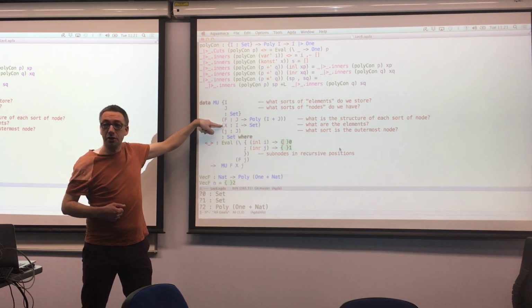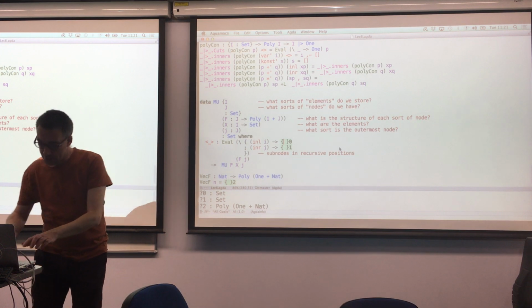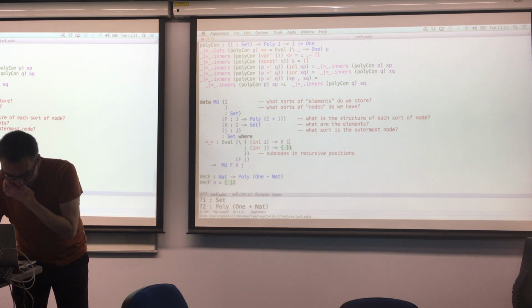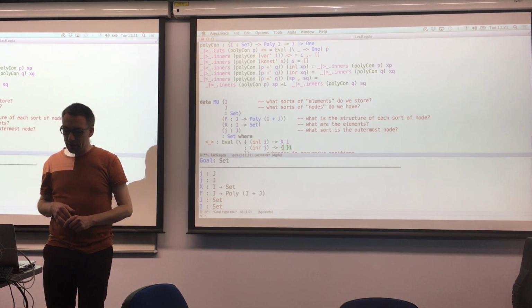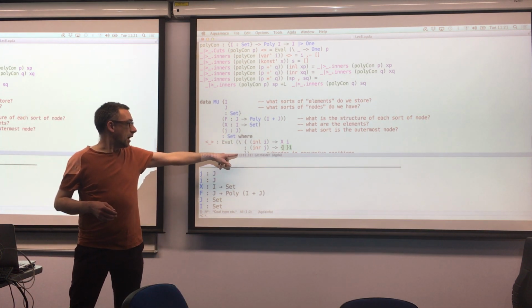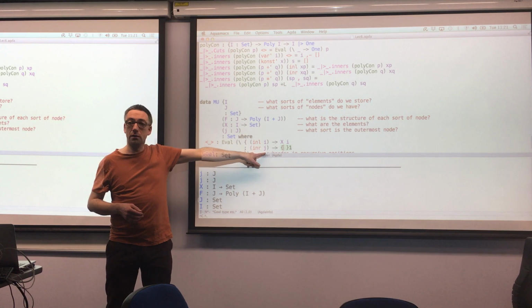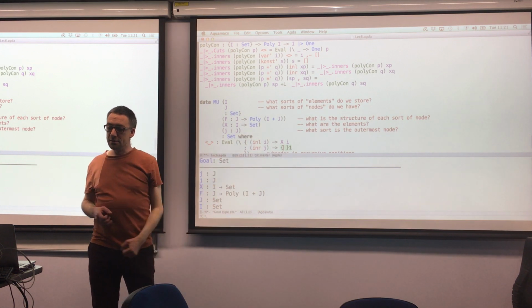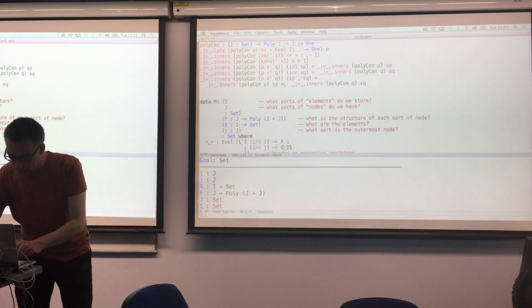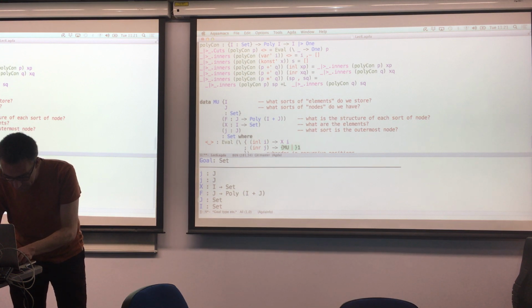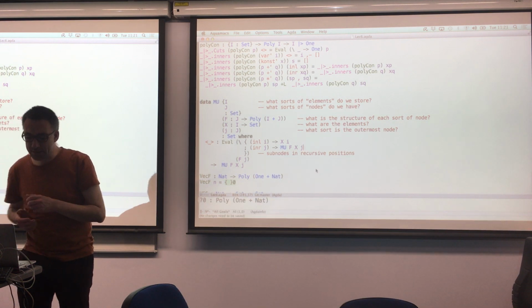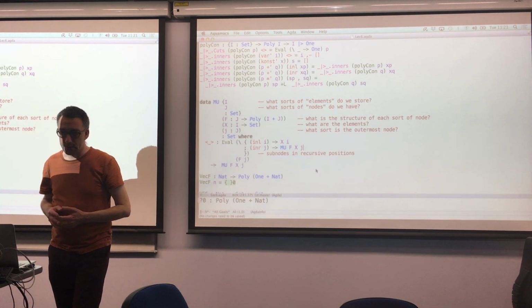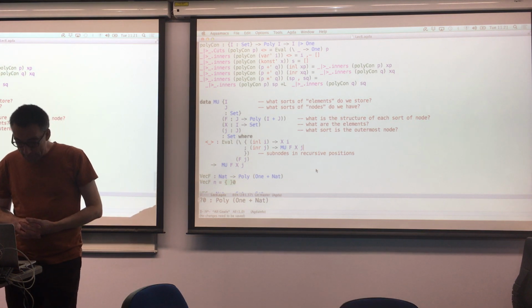So that means we've got to use x to interpret the I. If, on the other hand, we are asked for a subtree, that's where we get to use the data type recursively. And remarkably, Agda's happy.